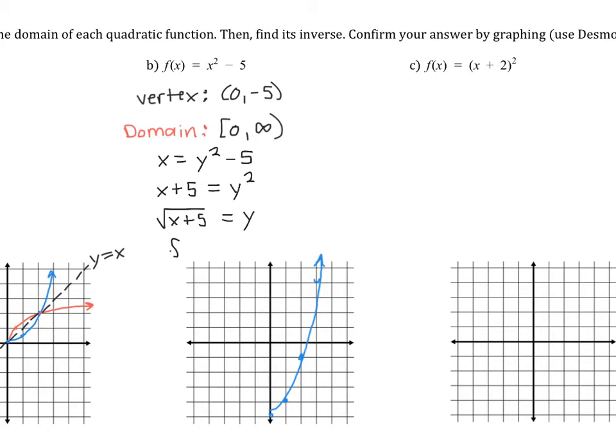So our inverse would be f inverse of x equals the square root of x plus 5. So if we graph this really quick, we end up with a graph that looks like this in red. So you can see again, by doing this, we can check to see that it is reflected over that line y equals x, which it is. So again, by restricting the domain, which we did here, you can see that our resulting inverse is still a function.